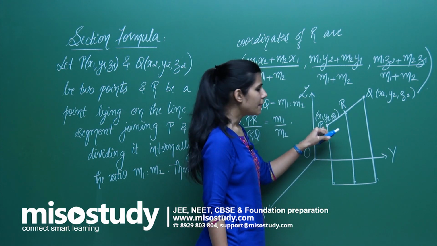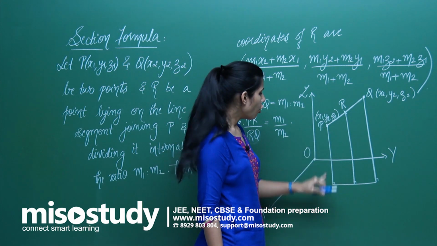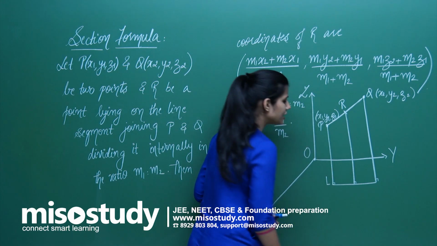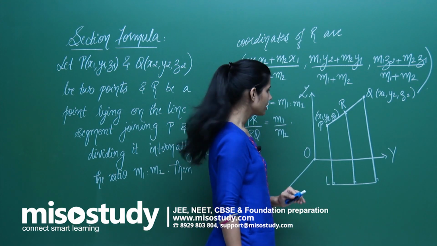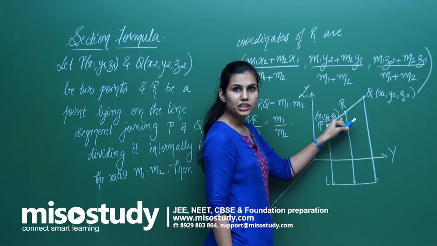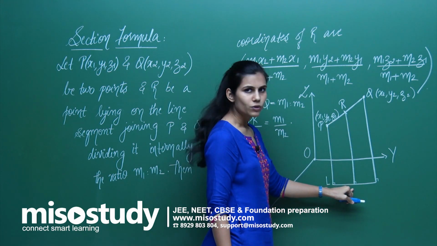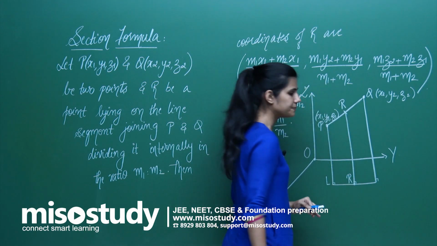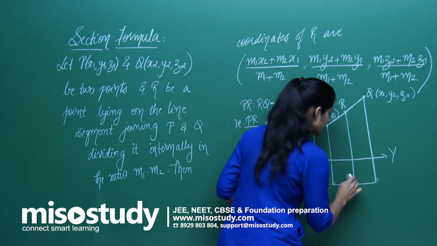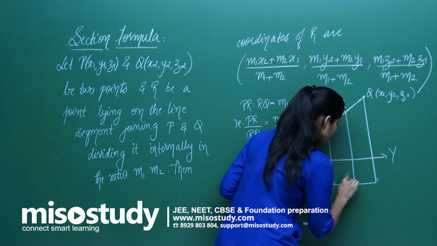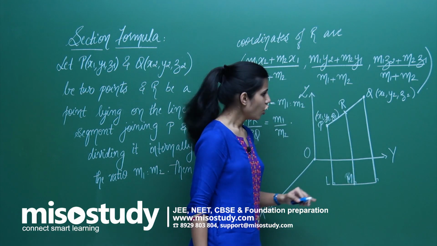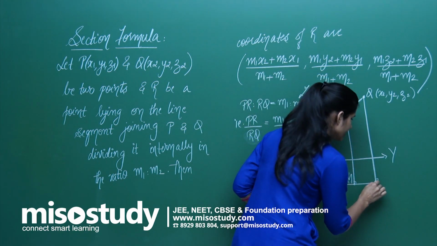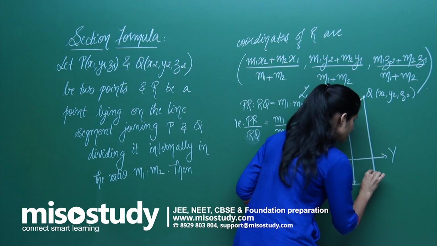I drew a perpendicular from the point P on the xy plane, and the foot of that perpendicular is L. I also drew a perpendicular from R to the xy plane, and let me take the foot as M. Also I drew a perpendicular from Q to the xy plane, and the foot is N.